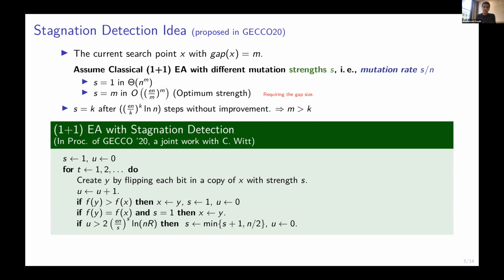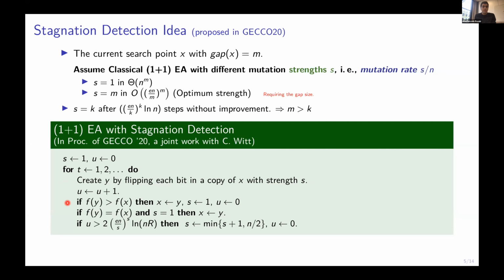Here you can see the first version that was previously proposed in GECCO 20 as a joint work with Carsten and Witt. So the algorithm starts with ascent 1 and a counter. In each iteration, the algorithm creates an offspring from X by flipping each bit in X with the current ascent, which is the mutation rate S over N, and then increases the counter by 1.